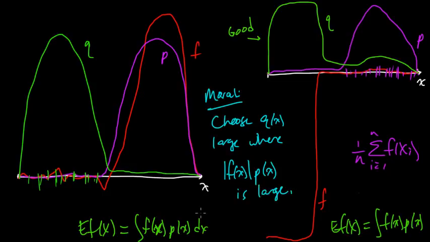And the situation which is very bad is when Q is much smaller than this absolute value. This could have been flipped the other way. F could have been flipped, because f can be positive or negative, and this would still account for most of the action in the integral. So you want to choose Q large where this is large, and you want to avoid the situation where Q is small and this product is very large.